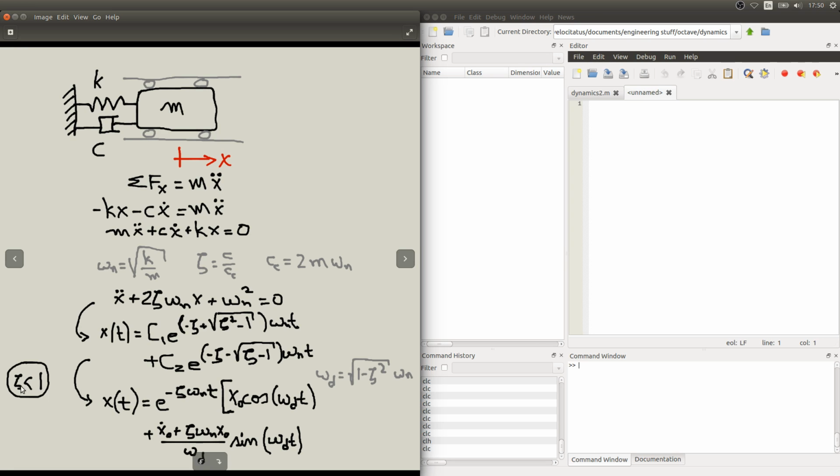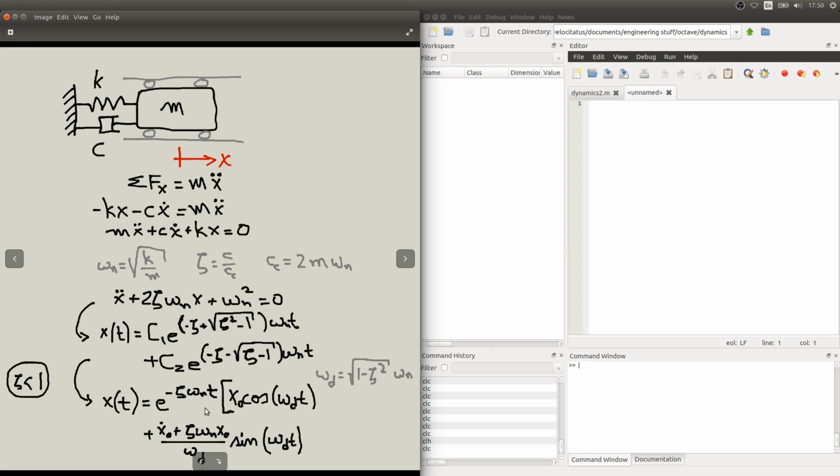If we consider zeta as less than 1 and go on to try to find our constants, we'll find this expression for our response in x of this system.